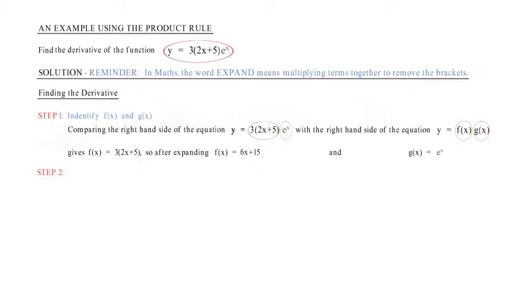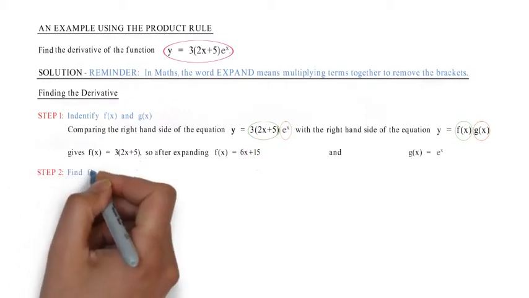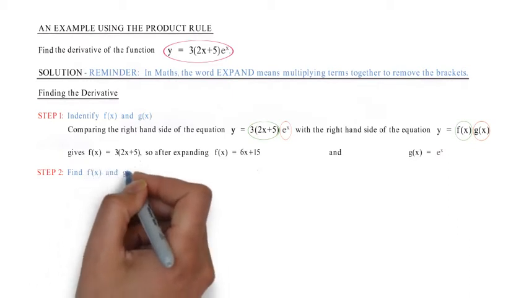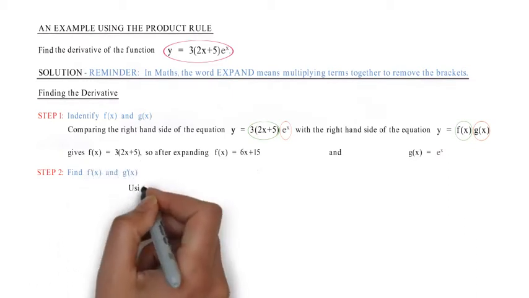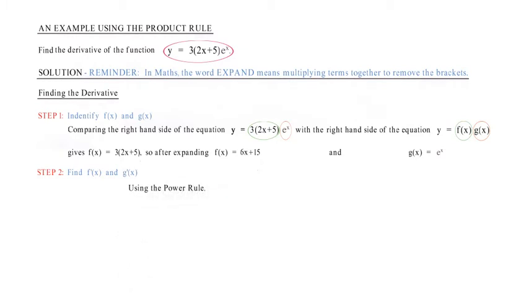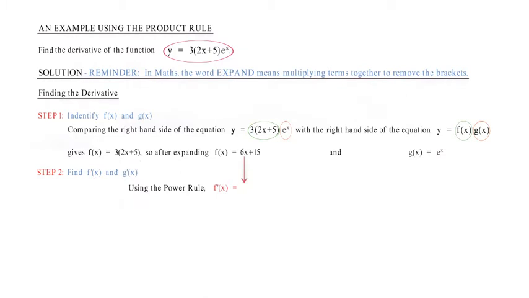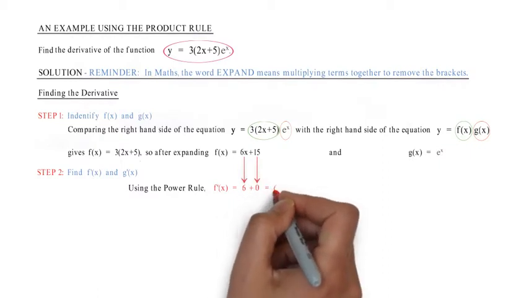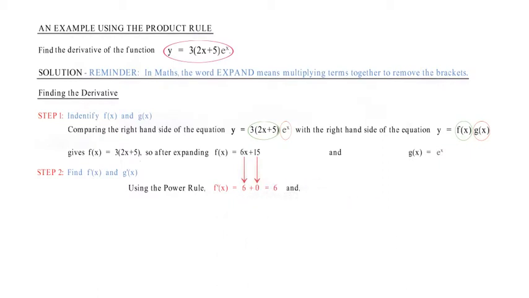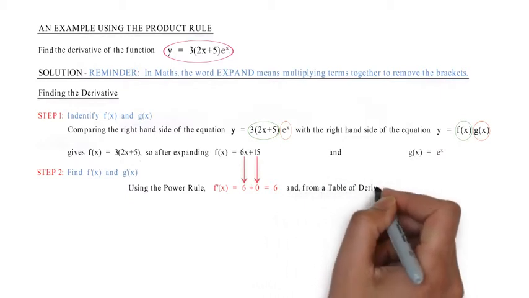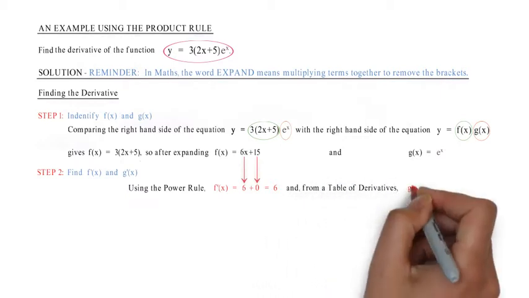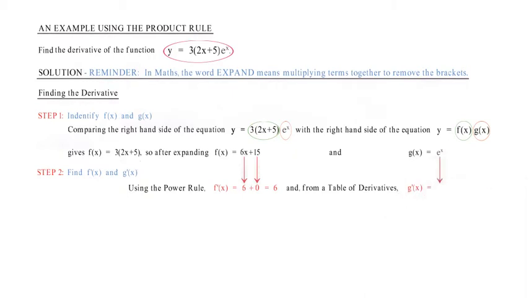Step 2. Find f'(x) and g'(x). Using the power rule, f'(x) equals 6 plus 0 equals 6, and from a table of derivatives, g'(x) equals e to the x.